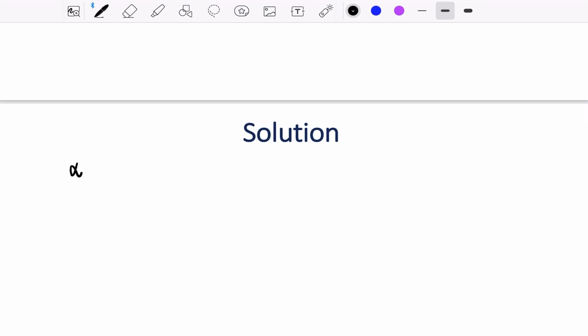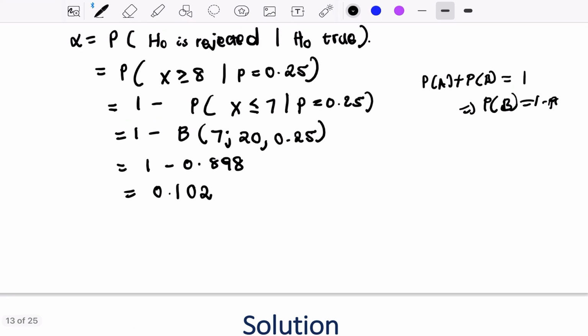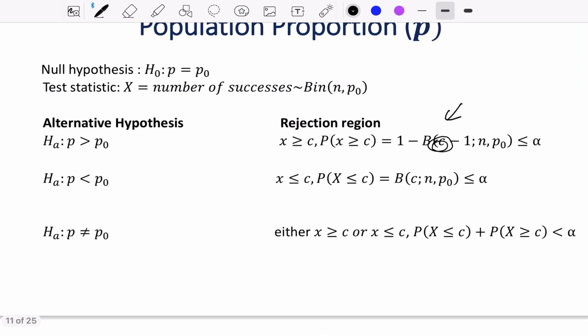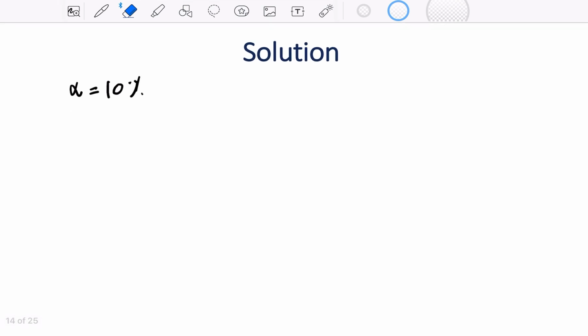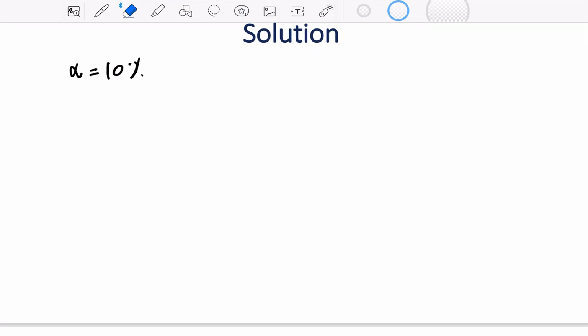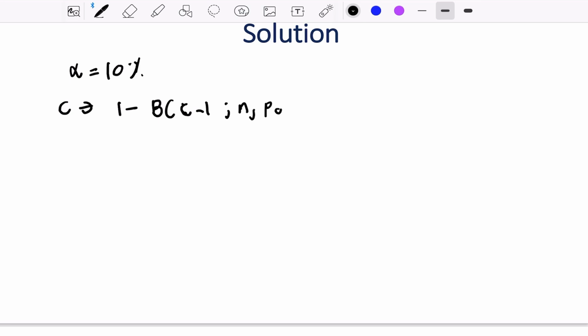In this case, I'm just giving you an example. Choose alpha equal to 10%, a significance level. Then we go to the tables and look for this, such that this is true. So you have to choose C such that 1 minus the probability of C minus 1, because it's discrete, with n and p naught, is less or equal to 0.1.